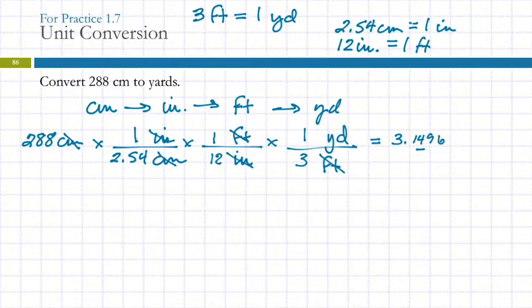So what I recommend is write down what your calculator gives you, showing as many sig figs as you need and 2 extras. If you want to write the whole thing down, that's fine, but I get tired of that. So I'm going to write it down like this, yards, and then I'm going to round it, and this is 3.15 yards. Any questions?